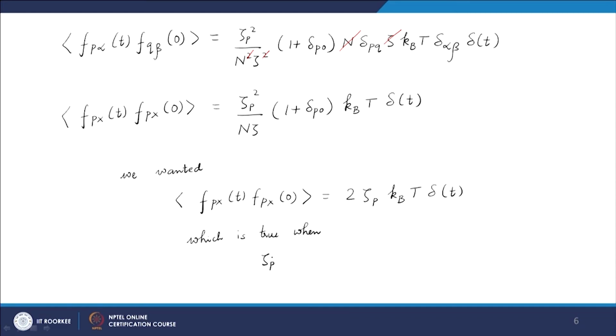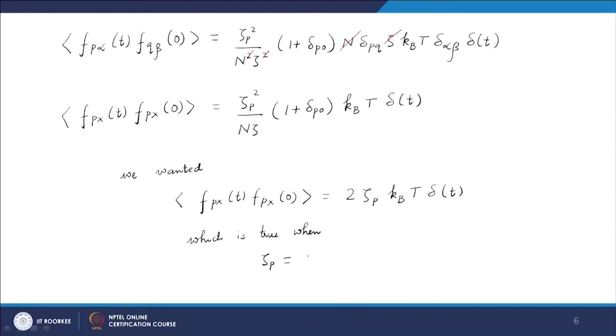Therefore, if I compare this now, we have to look at two different cases. When p is equal to 0, this becomes 2. So, it is 2 zeta p square by n zeta. To make it equal to 2 zeta p, we have to take zeta p is equal to n zeta for p is equal to 0. You can plug it here.